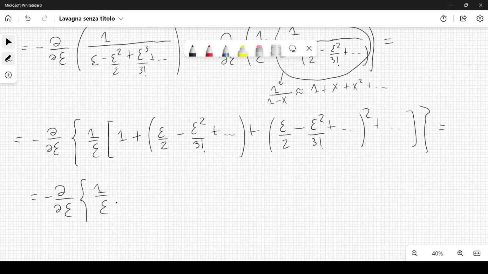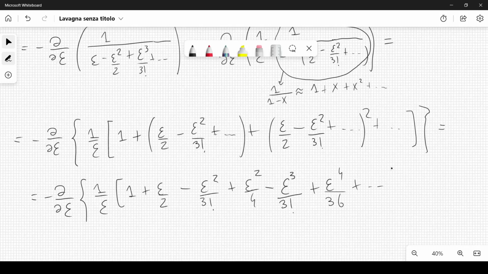So we have 1 over epsilon, we have 1 plus, here we have epsilon over 2 minus epsilon squared over 3 factorial plus, then when we square this we have epsilon squared over 4, then we get plus 2 times this, so we get minus 2 epsilon over 2, so we get minus epsilon times epsilon squared over 3 factorial, so we get epsilon cubed over 3 factorial, plus this term squared, epsilon to the 4th power over 36 plus dot dot dot, then higher order terms.